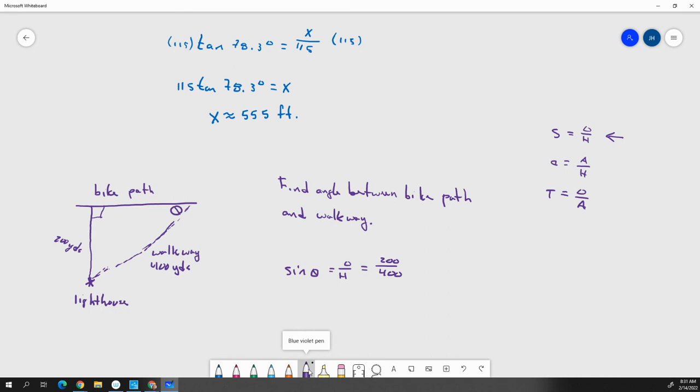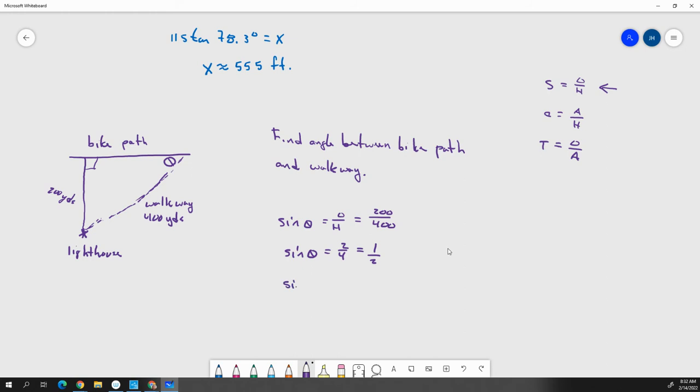So sine of theta equals 200 over 400. We could reduce that to 2/4, which reduces down to 1/2.